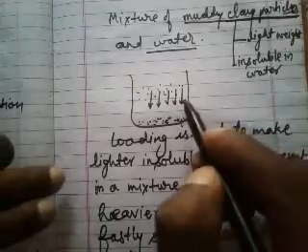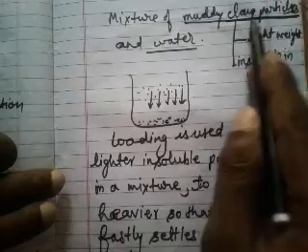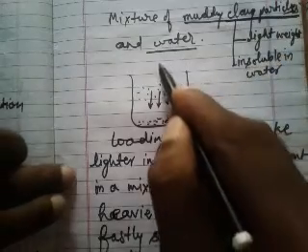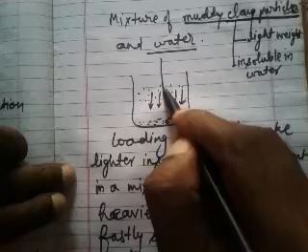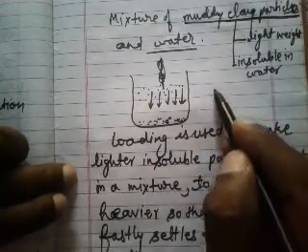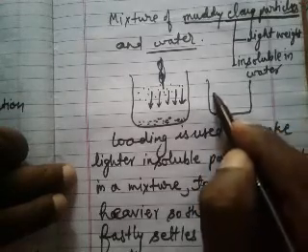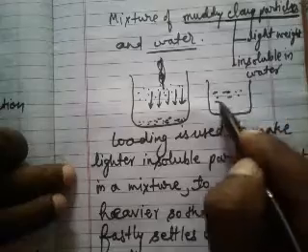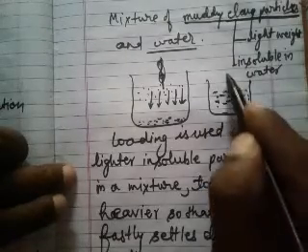What substance or material do we add to the given mixture in the loading method? For example, we have a mixture of muddy clay particles and water. Let us draw another diagram. This is the mixture of muddy clay particles and water.